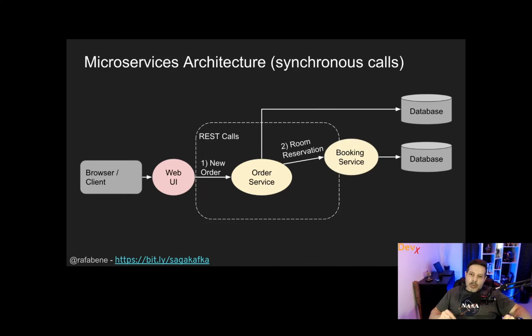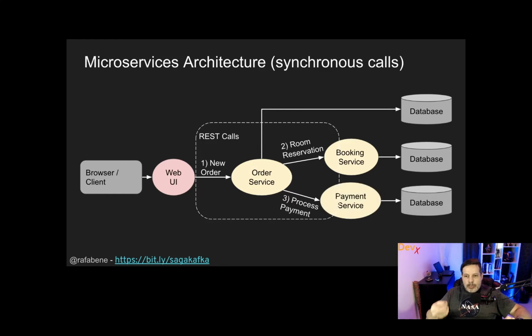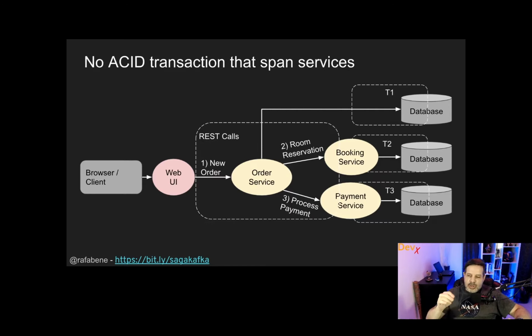Then the order will call the reservation for a specific room. That will store the booking information in another database, and finally you will need to pay for that booking and for that order. That will go to another database. Each one is a different transaction.